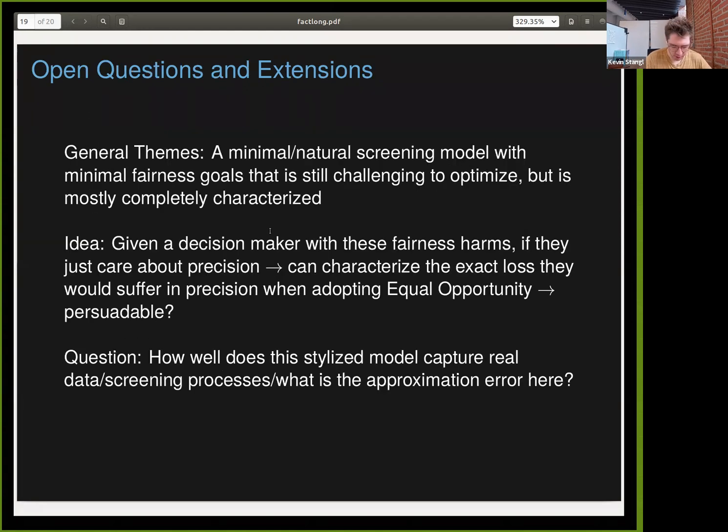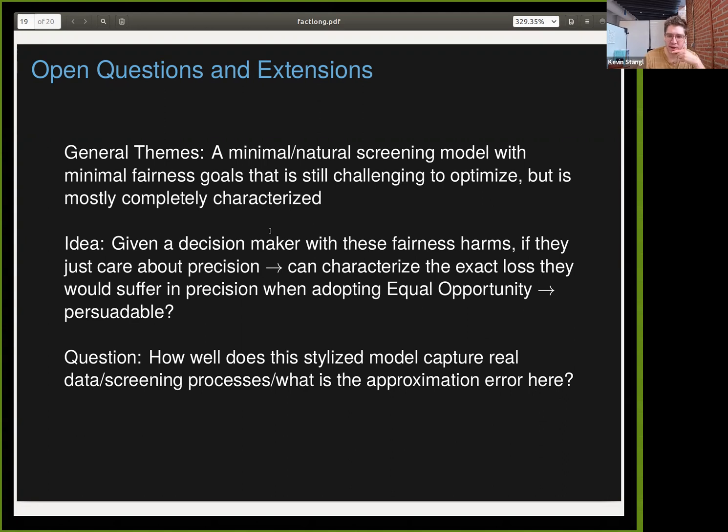Okay, so I am going to end a little early, but I think that's good because we'll have good time for discussion. The general themes here: we have a minimal, natural screening model with minimal fairness goals. That's still challenging to optimize, but if k is small, it's basically completely characterized what you should do. We have this exact algorithm, and if you just care about precision, we have this closed-form solution.